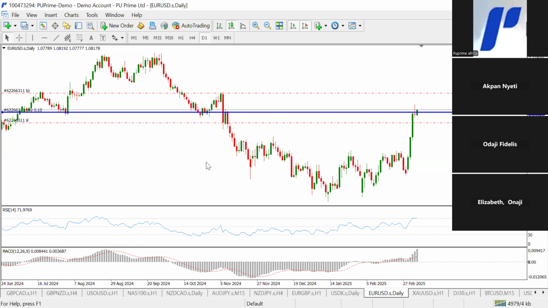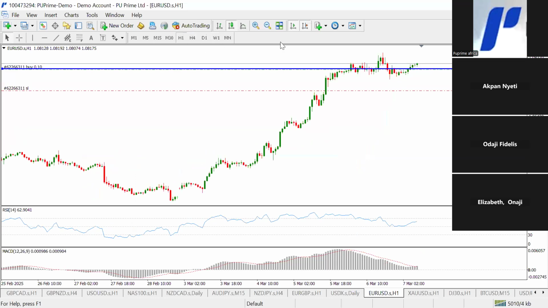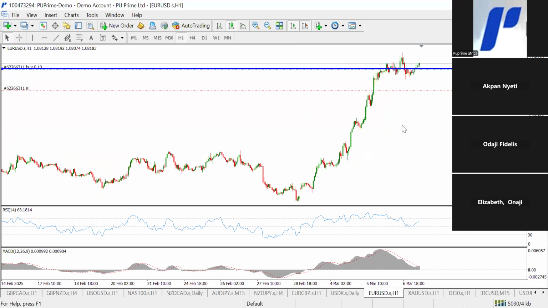That's a psychological level. To be honest, there's no clear setup, that's why I just want to watch out for the dollar pairs. But there's a psychological level on this Euro USD that may act as a resistance. Maybe that's what price may use for a reversal, because this is the head and shoulders that is forming.